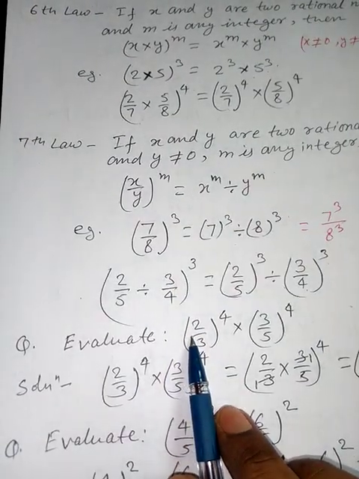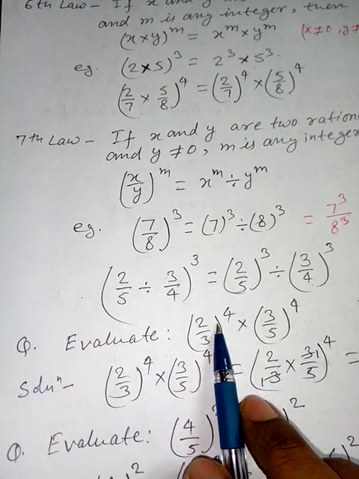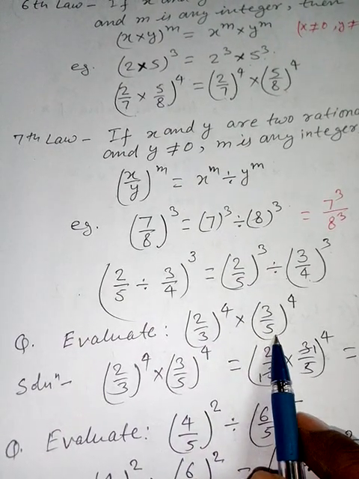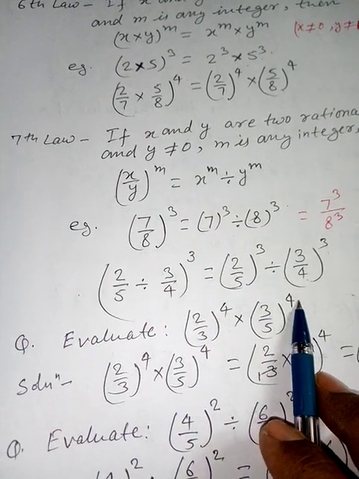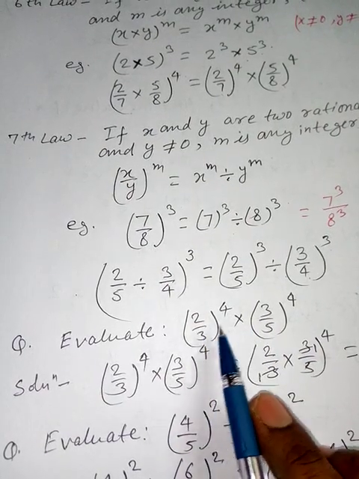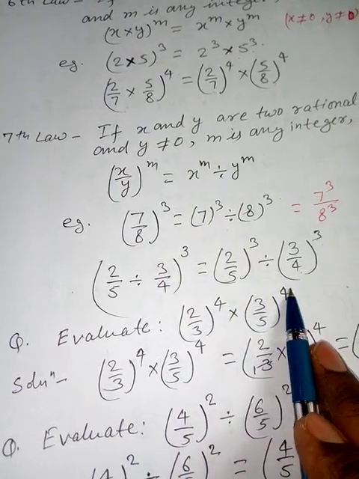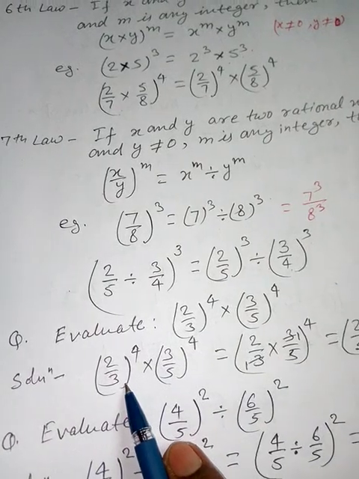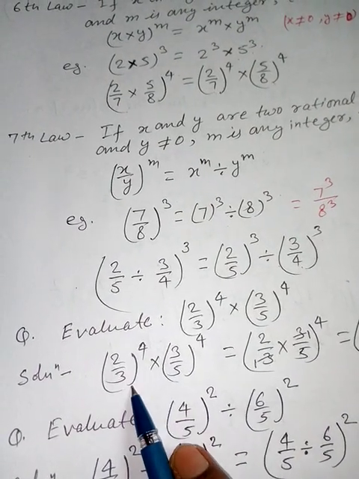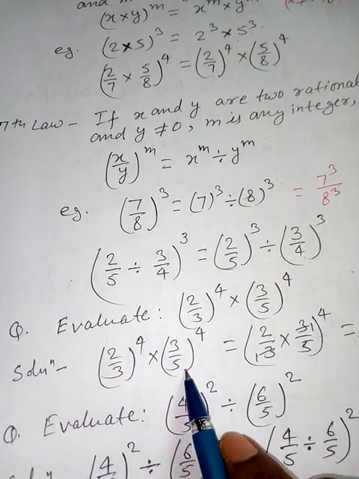Evaluate (2 by 3) to the power 4 into (3 by 5) to the power 4. You can see here bases are different but powers are same. So write the question as usual, (2 by 3) to the power 4 into (3 by 5) to the power 4.